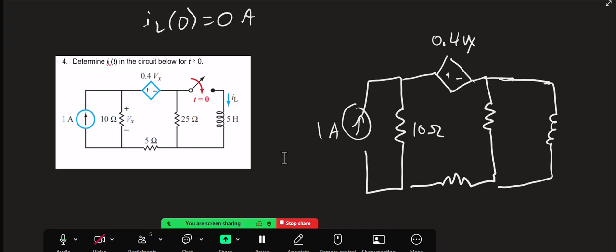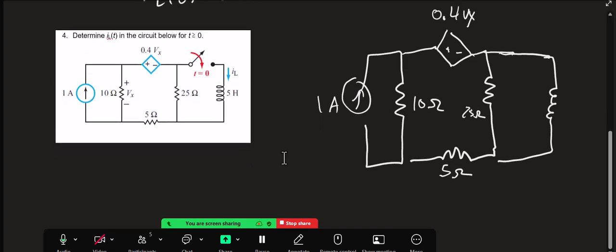Okay, so there we have right after the switch. And we'll come back to that when we need to figure out what the time constant is.